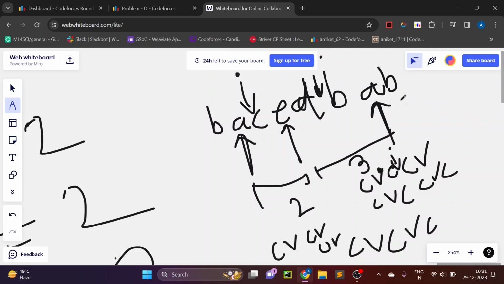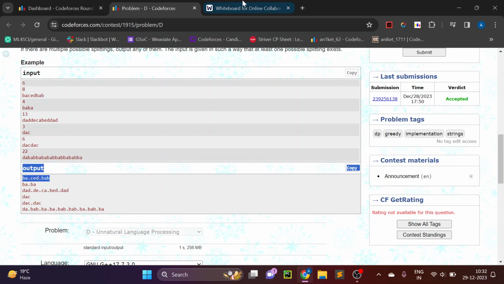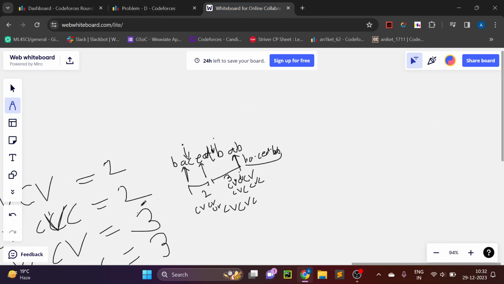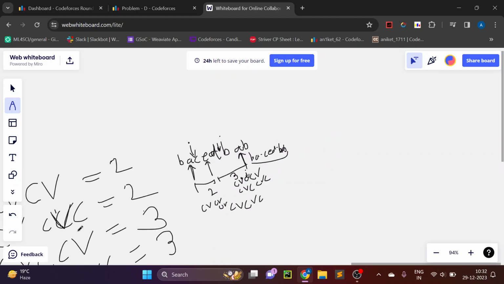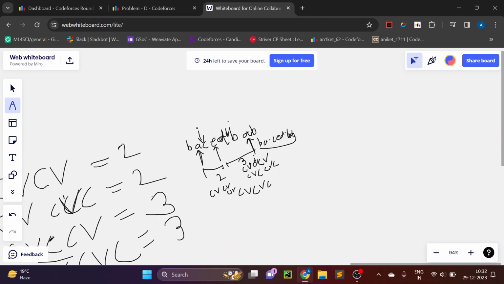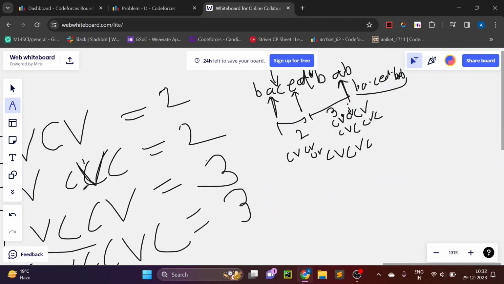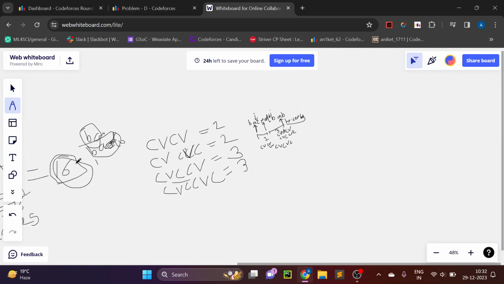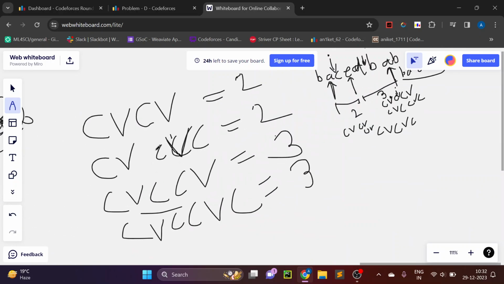So the output string becomes BA dot CED dot BAB, and this is the answer. So we have to match this type of pattern based on the difference between consecutive vowels.